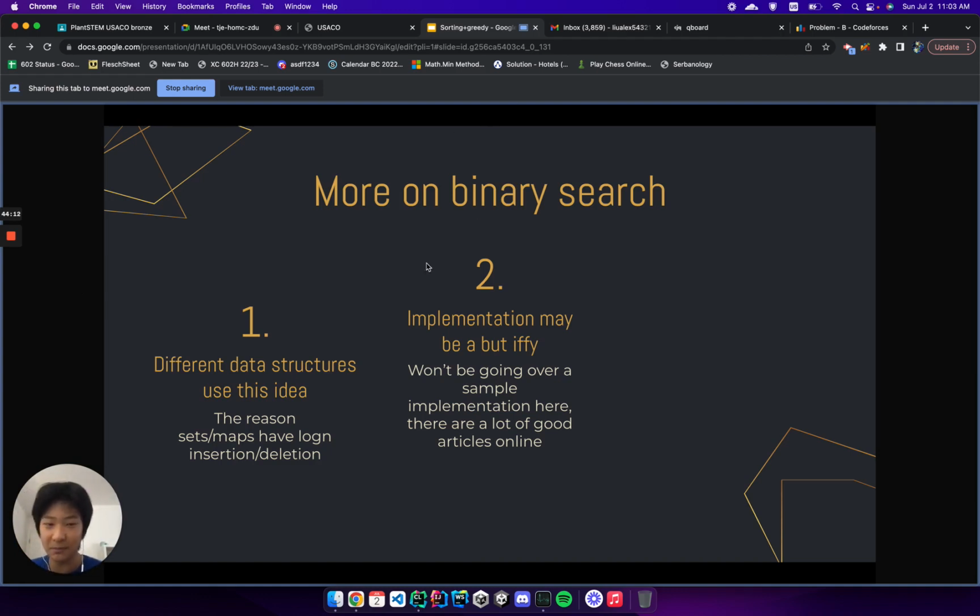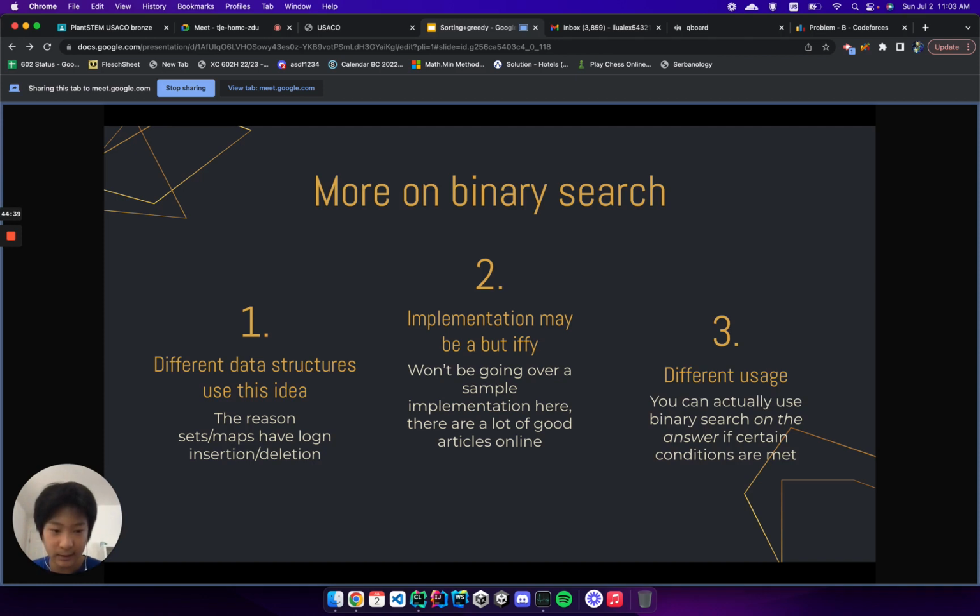The example I showed you was really nice because each time there was a middle value, but sometimes the number of values could be even, right? Then things get a little bit weird. So I won't go over a specific implementation here, but you can search online and there are a lot of good ones. Just something to be careful of.